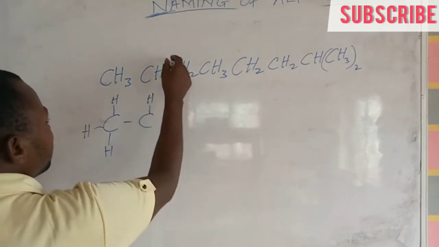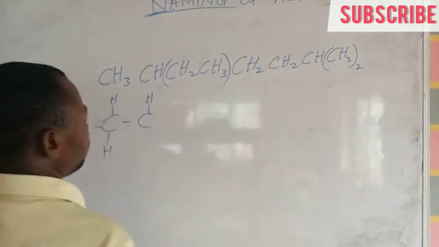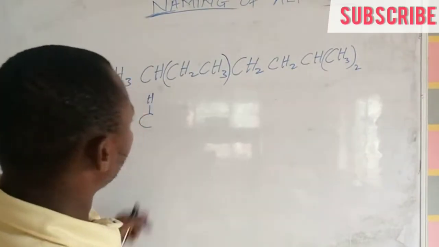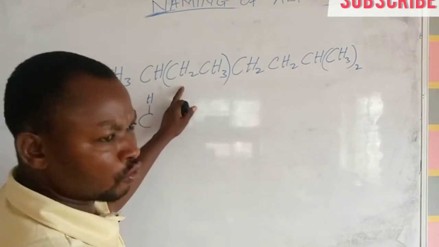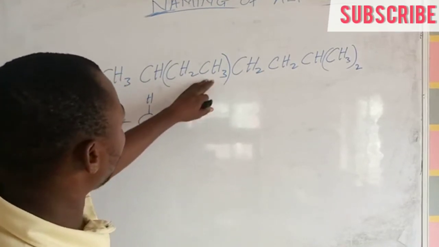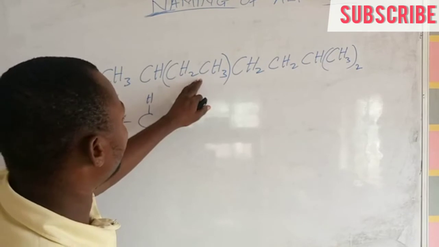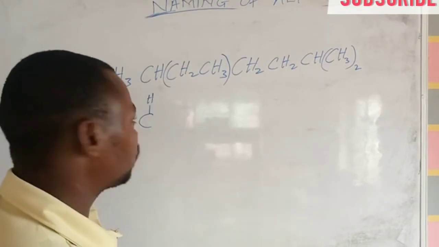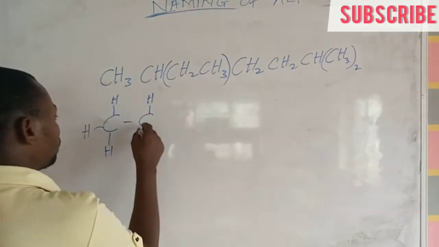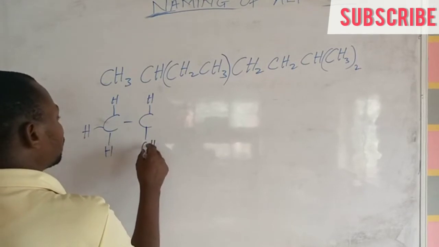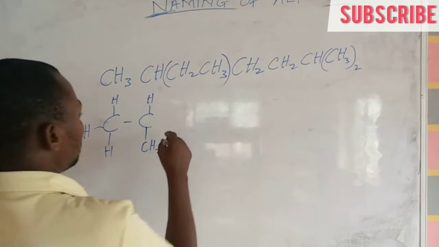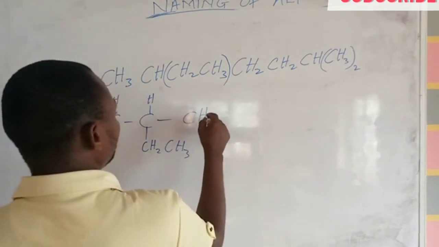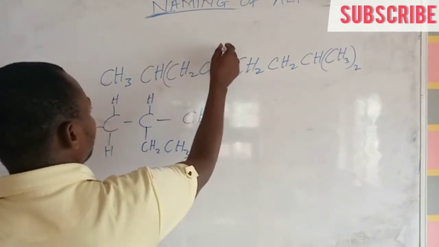But that means we are having a compound in the form of methyl, in the form of an alkyl group. So this alkyl group has come to replace one of the hydrogens here. So that means we are going to have CH2, CH2. Okay? So that means we have another CH2.